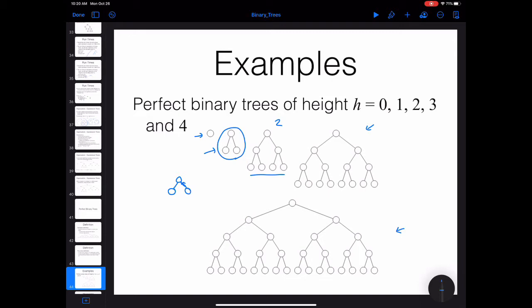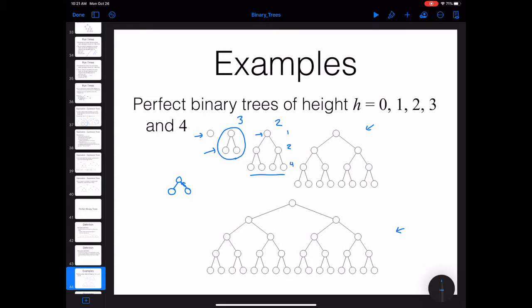If I have a perfect binary tree of height 0, it's going to be just one node. If I have a perfect binary tree of height 1, it is going to need 3 nodes. If I have a perfect binary tree of height 2, you can find some formula for this, some pattern for the number of nodes. Just one node at the root level, then I need 2 nodes, then I need 4 nodes.